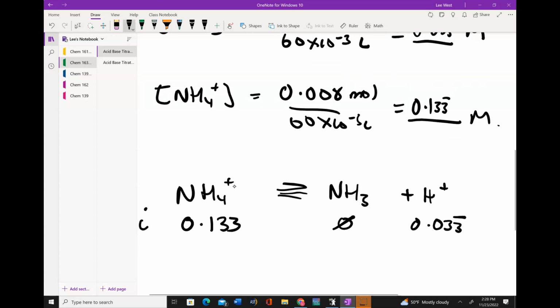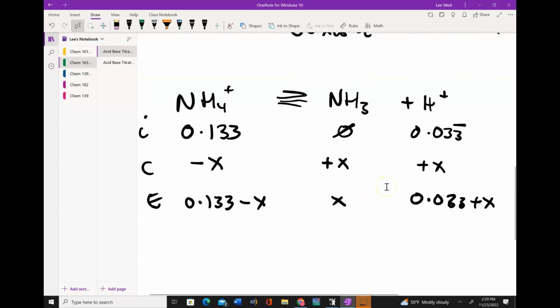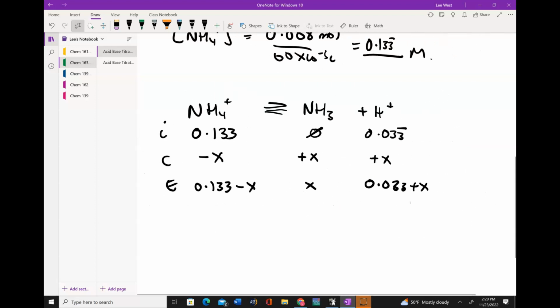So how is it going to change? Well, the ammonium is going to go down, the other two are going to go up. So when this all comes to equilibrium, that will be 0.133 minus x, x, and 0.033 plus x. The x here represents the little bit of extra H+ that is formed by the dissociation of the ammonium ion.